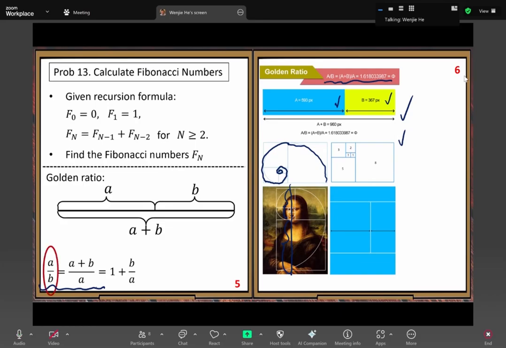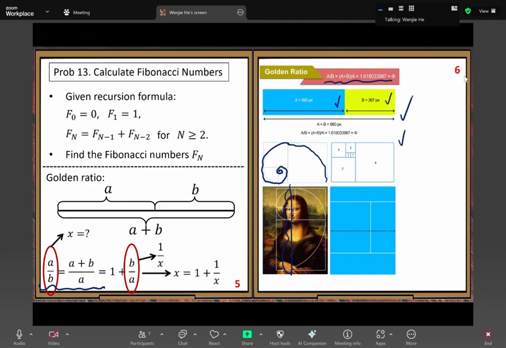Let us introduce variable X to represent this ratio: A over B equals X. Then on the right-hand side, B over A is the reciprocal, 1 over X. In this way, on both sides, we can use X to represent all the terms.